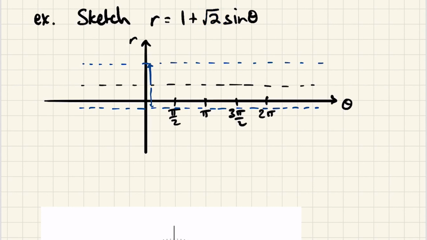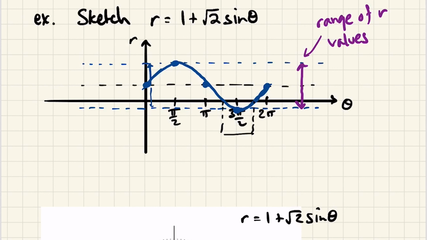And let's draw our sine curve. Again, we know from trigonometry that it takes on this shape, like so. So our range of r values here is negative about 0.4 and up to 1 plus root 2, which is about 2.4.